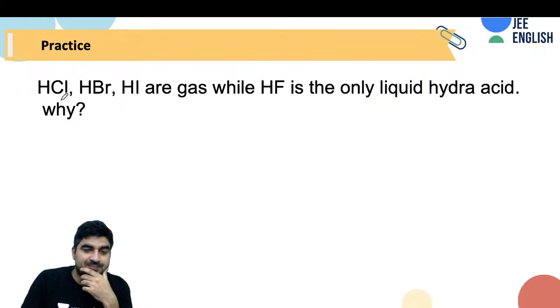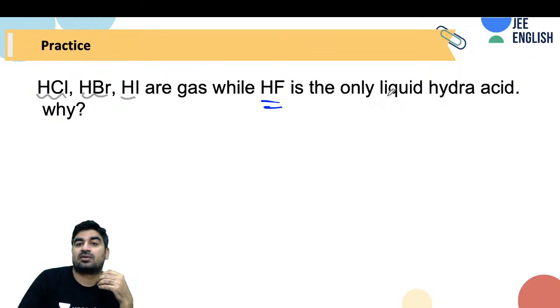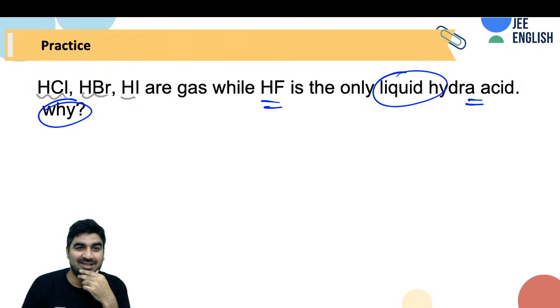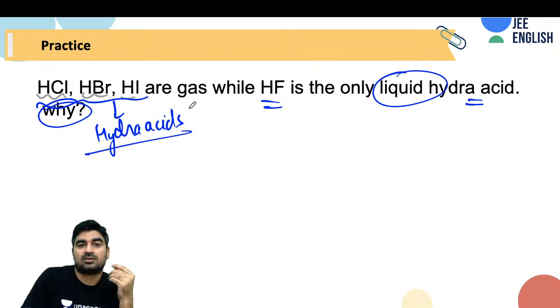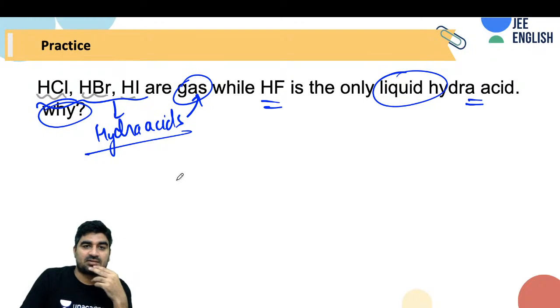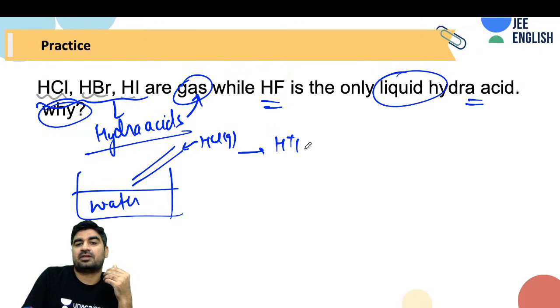So the next question: HCl, HBr and HI are all gases, while HF is liquid. Why? These are hydra acids. When you prepare aqueous HCl, you pass HCl gas into water to get H plus aqueous and chloride aqueous.